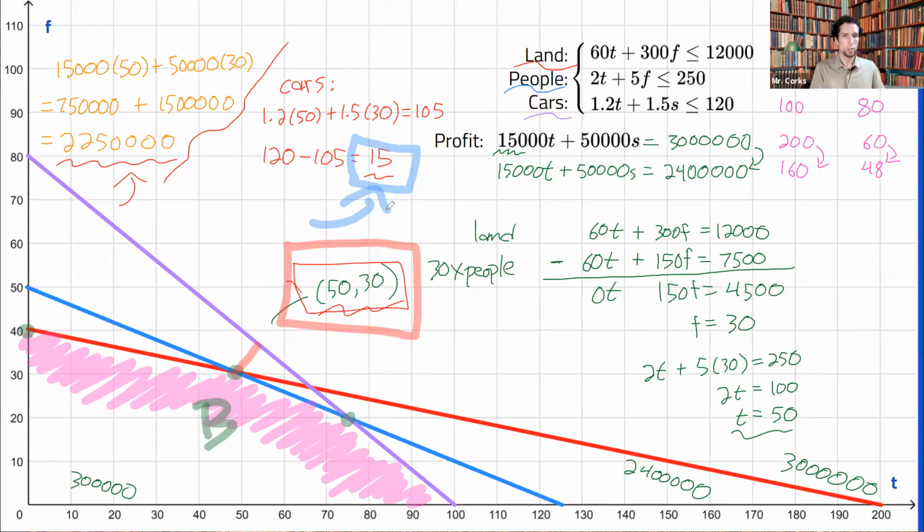You still need to have a road going to each of the houses. Also, cars aren't taking up land, they're taking up road area. But even if they were taking up land, we can't build more houses because we're at our people constraint anyway. We can't build more houses because we'd have too many people and we'd be over that limit.